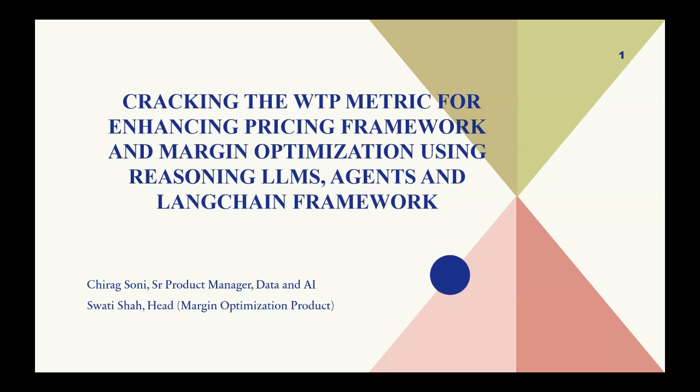We'll use a generic scenario where the example throughout this paper will be a B2B sales process, business to business, where a company is selling products to another company. How do we understand how much is the willingness to pay for the end customer for the product which you are selling? And how do we understand that using large language models?